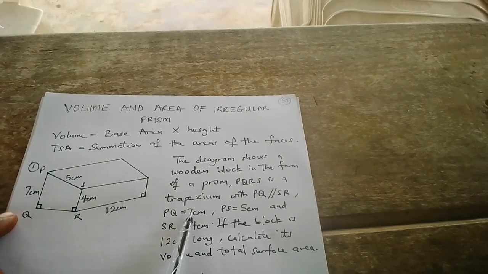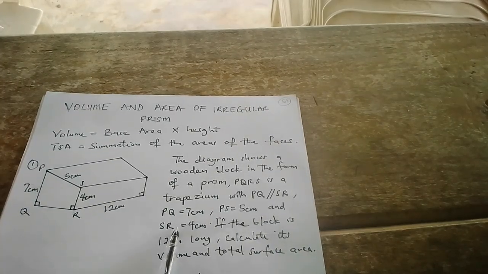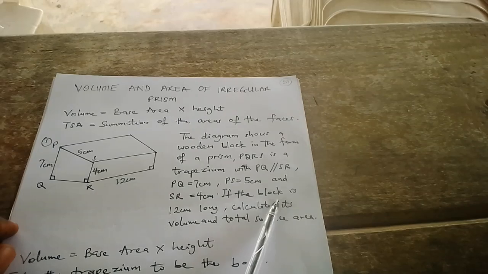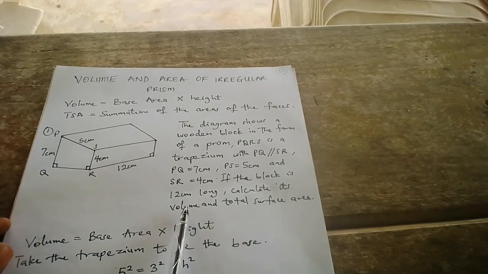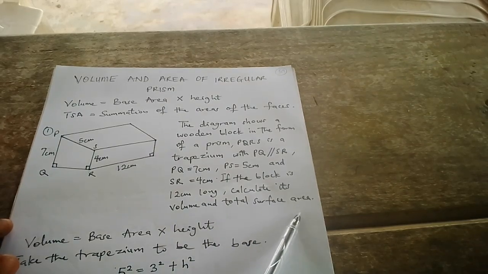PQ is equal to 7 cm, PS is 5 cm, and SR is 4 cm. If the block is 12 cm long, calculate its volume and the total surface area.